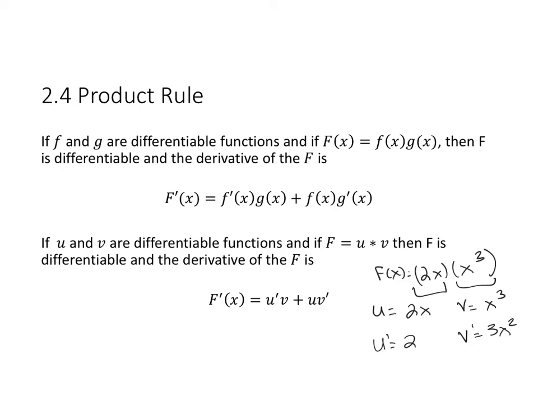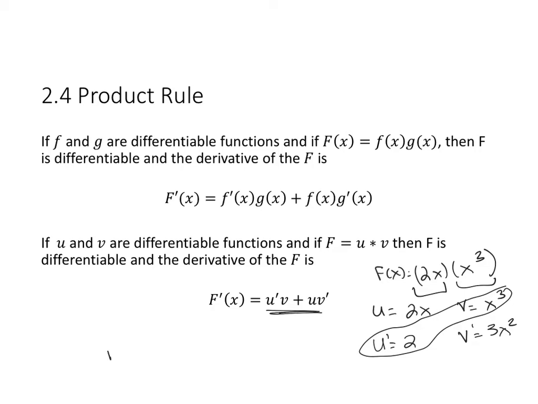Now I'm going to use this formula, u prime times v, and I always make this little loop here to help me remember which two go first. Of course, in the product rule it's addition, so it's not that important which two go first, but in the quotient rule it's going to matter a lot, so I always do it the same way so I don't make a mistake.